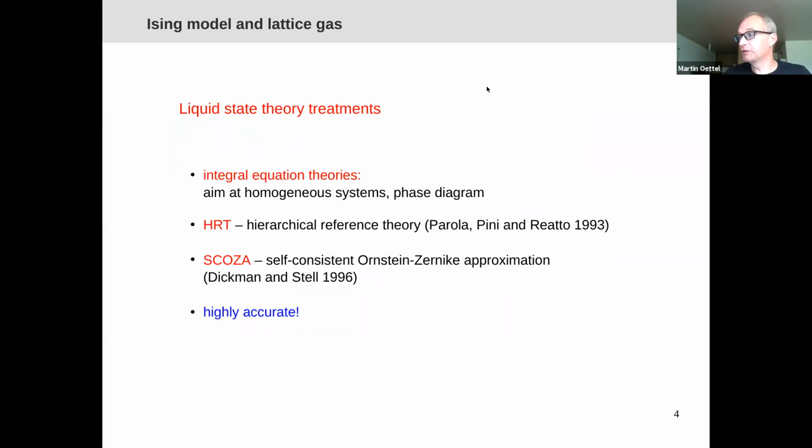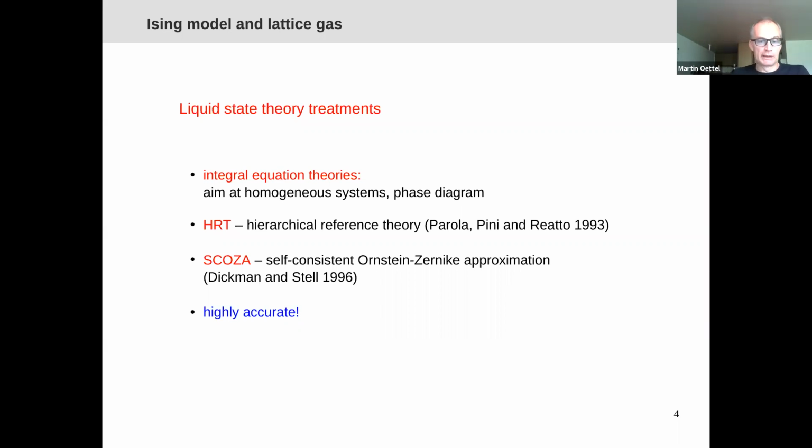There have been theory treatments out there, also in this notorious case of 3 dimensions. And especially I note here integral equation theories, which have come to very precise descriptions of especially the phase transition in the Ising model. I note here the so-called hierarchical reference theory. It's an integral equation approach which tries to incorporate the renormalization group in order to get critical properties right.